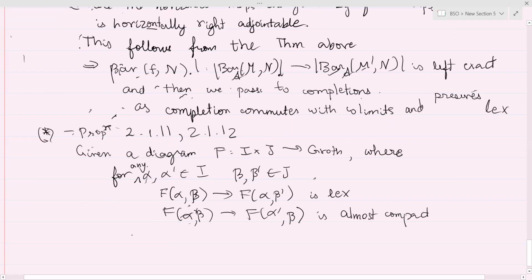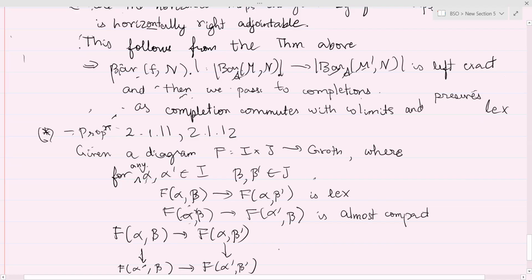And you also have that certain square, the square given by both transitions, alpha beta prime, alpha prime beta to alpha prime beta prime, this is, sorry, horizontally right adjointable.